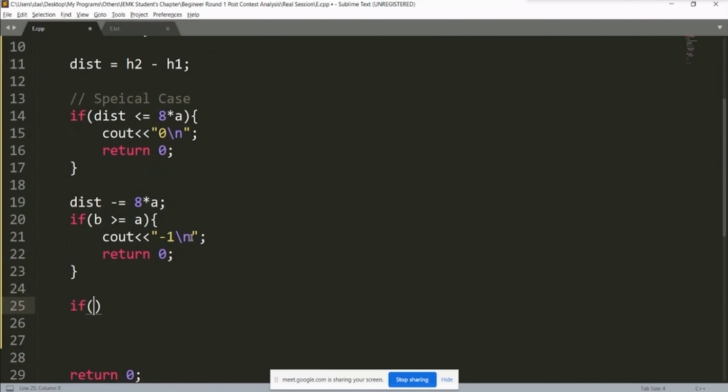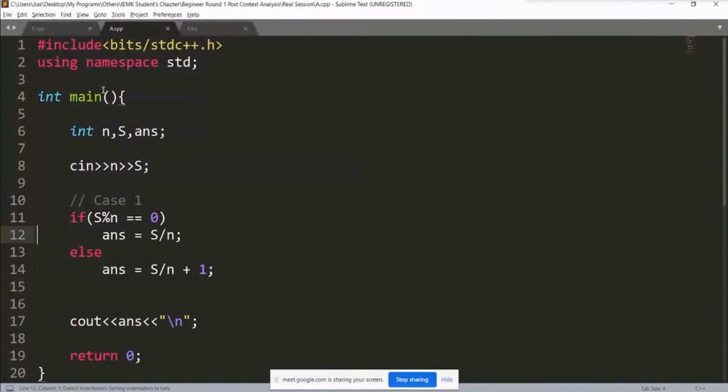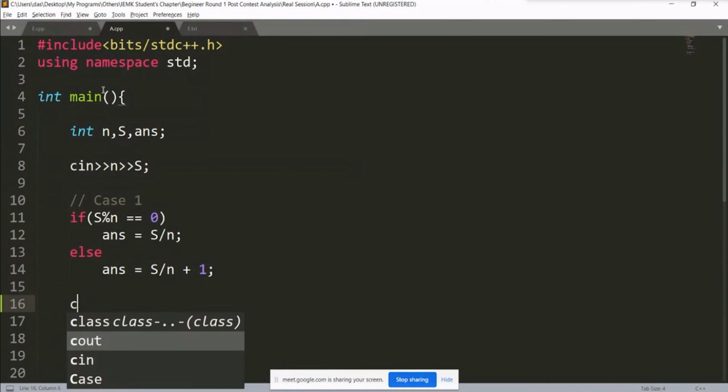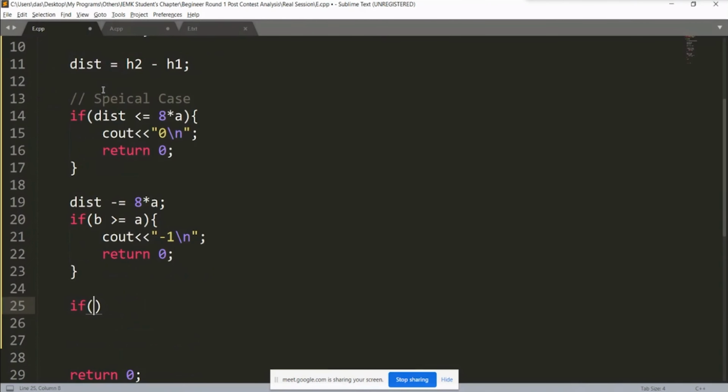Actually, I'm coding it a bit like the earlier code, because here also it's a similar type of thing: if it is divisible, then it's s by n, and if it is not divisible, then you can use an inbuilt ceil function also. So something like this also works.